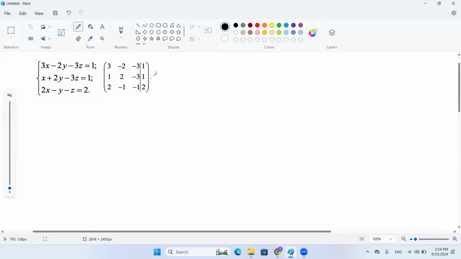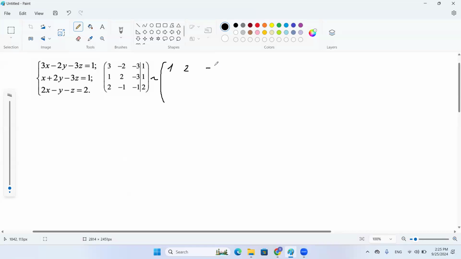Now, why do we need such a view? Because we need to transform both sides of the matrix. What I want to do first: let's swap this row with this one, so the second with the first.